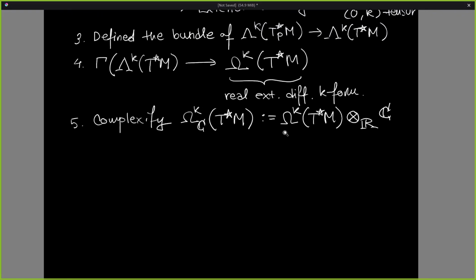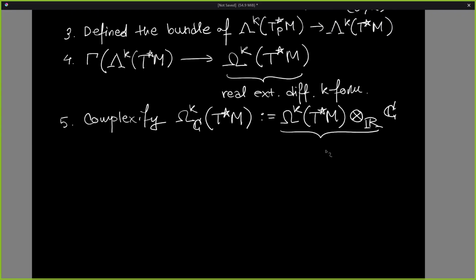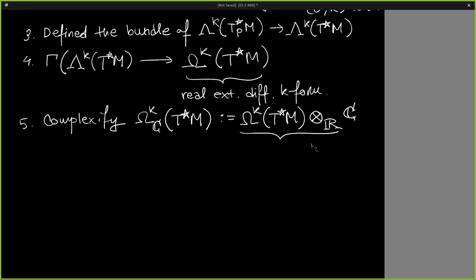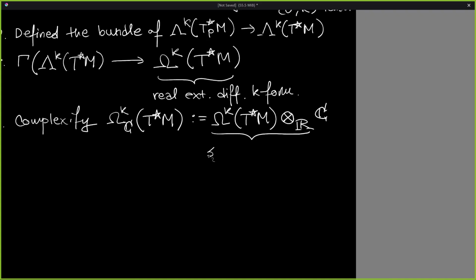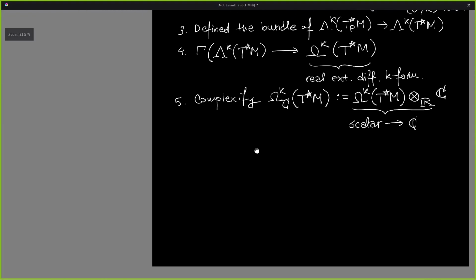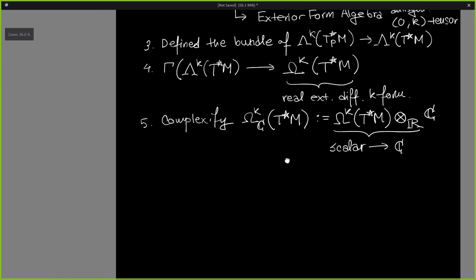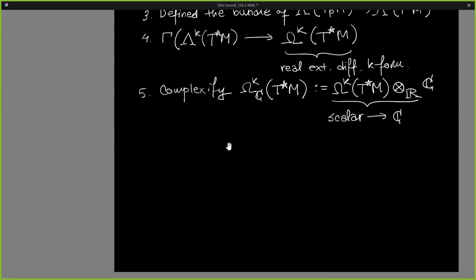These are the same thing, but instead of the scalar multiplication being over the real numbers, the scalars will be complex. So there you go. And that's the last thing that we did.